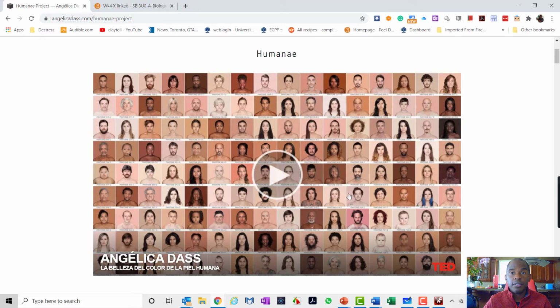She's a photographer, and she did this Humanae project where she took skin colors and matched them up to Pantone paint colors. When you go to paint your home, you often go to those little pieces of paper that have a little number. She's looking at the diversity of people and their skin color and seeing that it's so diverse. She's a remarkable woman, and I would encourage you to watch at least half the video, if not the whole thing.